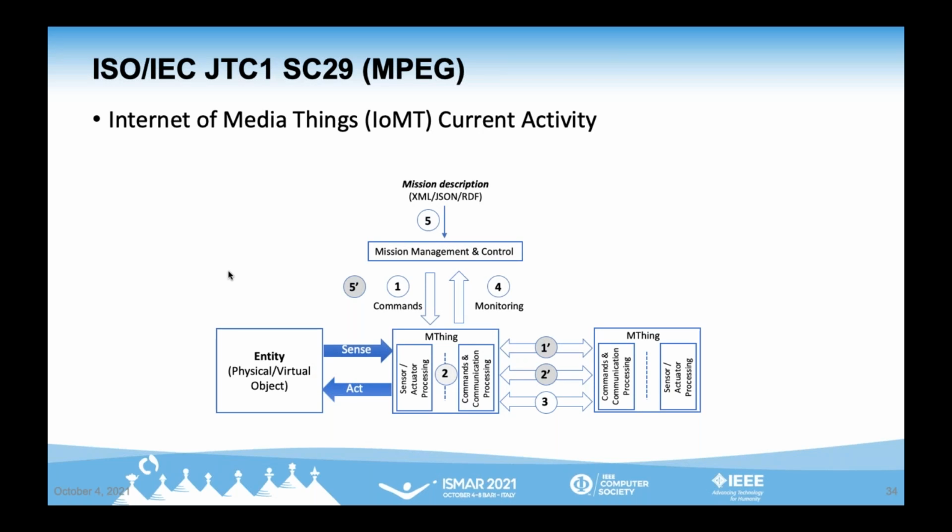Over the last 6 months, so a large part of 2021, this working group is also defining other interfaces that will interact with control systems that are industry specific or domain specific, sometimes we say. So they are defining more interfaces and control and command monitoring interfaces that are very exciting to integrate the media things into existing automation systems.